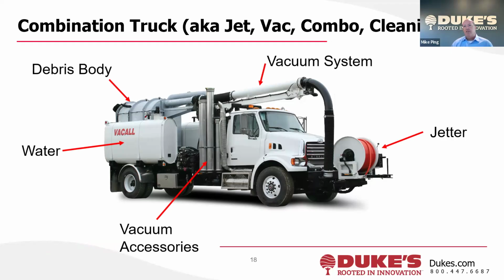So we'll take a look at the key components of a vac truck, right? Beginning over on the left, you can see there's a water storage vessel. Obviously, if you're cleaning and jetting, you have to have source water. So this truck typically would go to a fire hydrant, get permission from the utility, and pump some water into the tank. You can see there's a tank on each side. You can look through the middle of the body there and see the inside of the other tank.